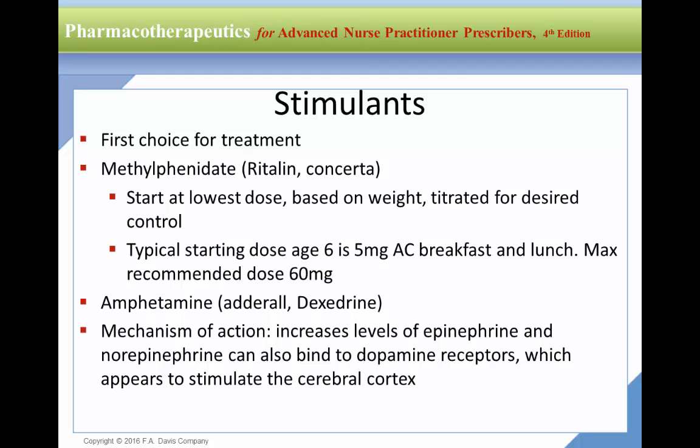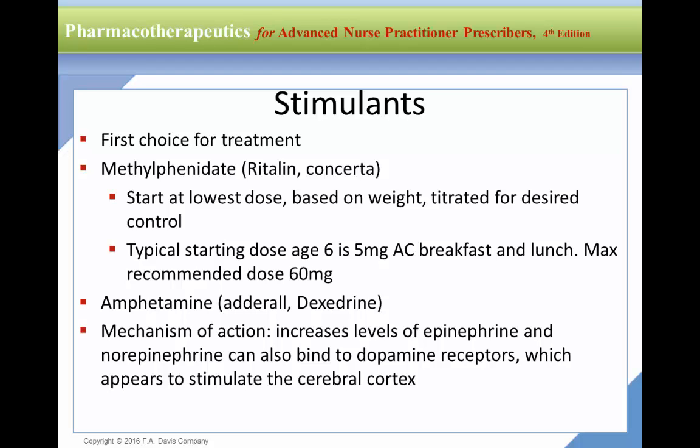The major adverse effects would be heart disease, hypertension, hyperthyroidism, because again, they sensitize to sympathomimetic amines. So they would cause hypertension, tachycardia, and cardiovascular disorders.